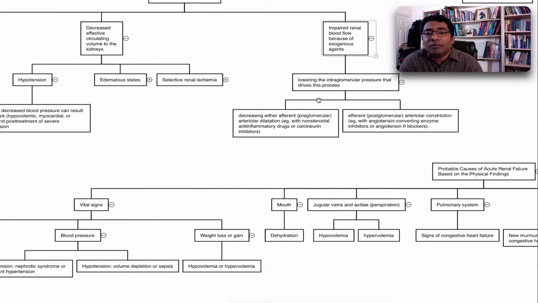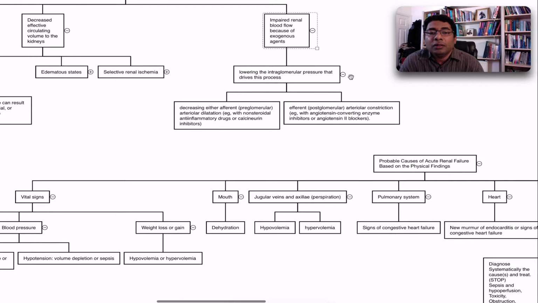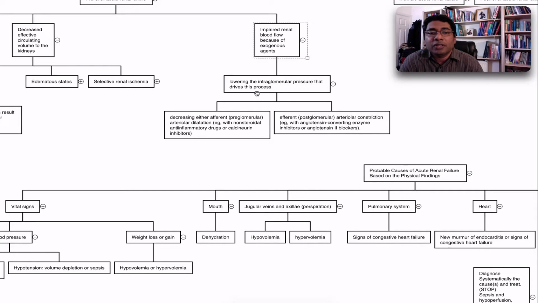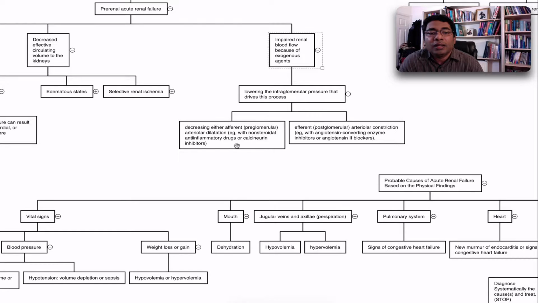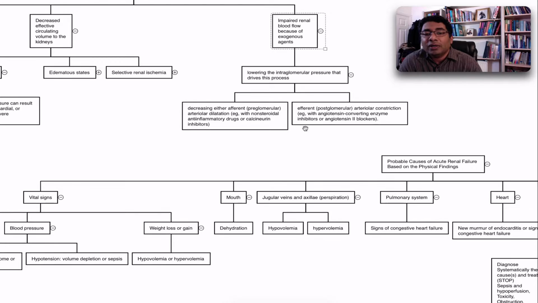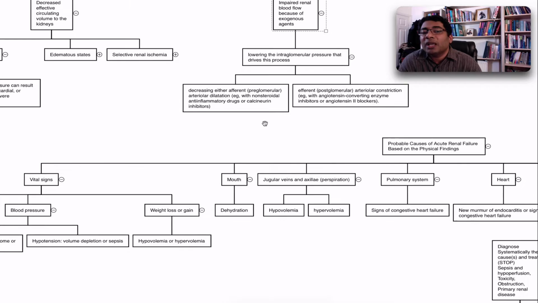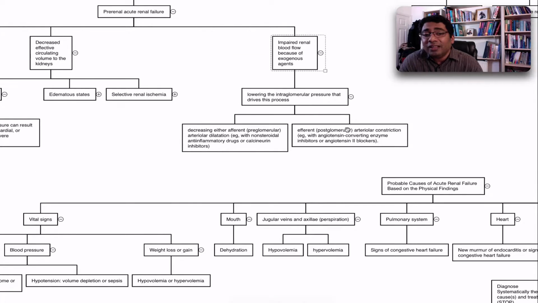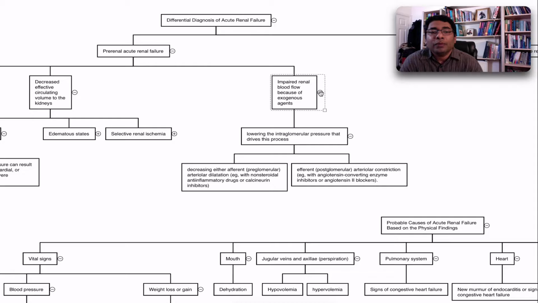And impaired renal blood flow because of exogenous agents, lowering the intraglomerular pressure that drives this process, as can happen with decreasing afferent arteriolar dilatation, for example with non-steroidal anti-inflammatory drugs or calcineurin inhibitors, or efferent arteriolar constriction, which gets affected as with ACE inhibitors or angiotensin 2 receptor blockers. They essentially cause impaired renal blood flow and thus lower the intraglomerular pressure. Okay, so they could contribute to pre-renal acute renal failure.